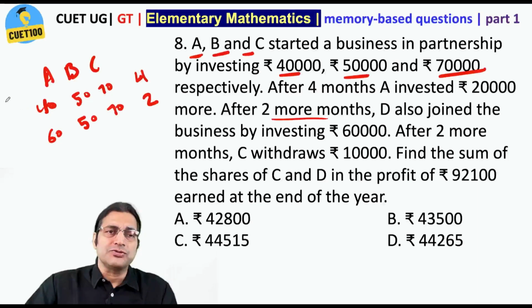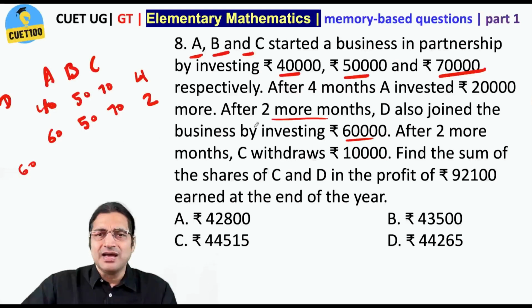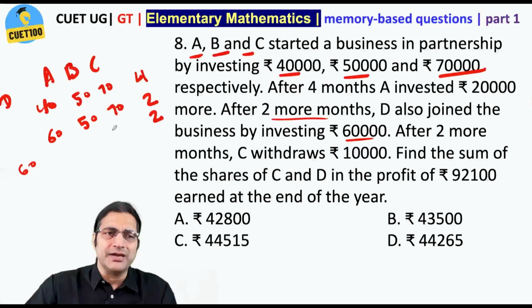Now D also joined, and D came with how much? D invested 60,000. Okay, so this is the investment of D, 60,000.